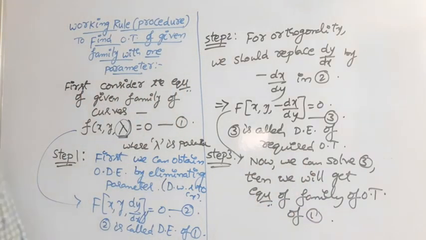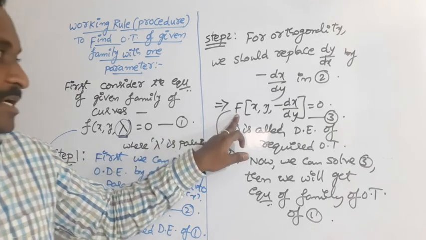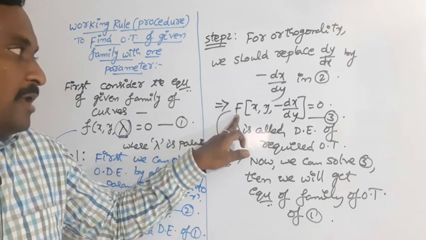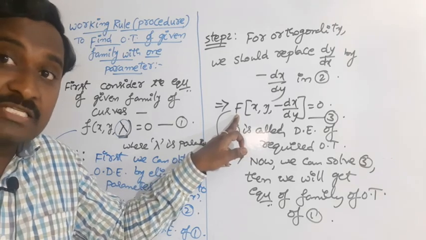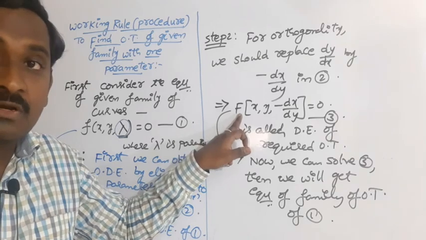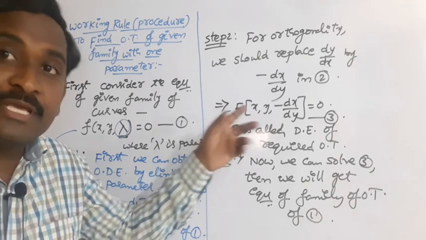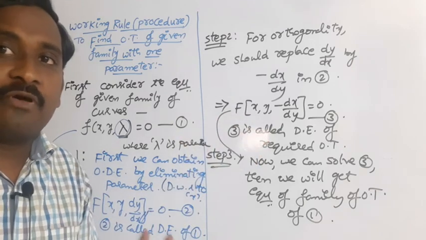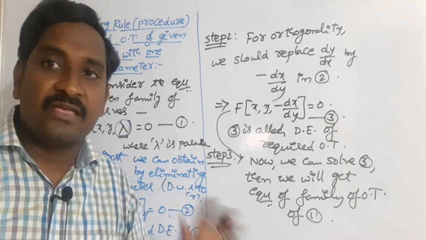You may solve this equation by the variable separable method if possible, otherwise we have to use exact or non-exact, otherwise linear equation, otherwise homogeneous type to solve this equation. We can't tell right now exactly which method is applicable here. However, this is the procedure to find the orthogonal trajectories of a given family of curves.